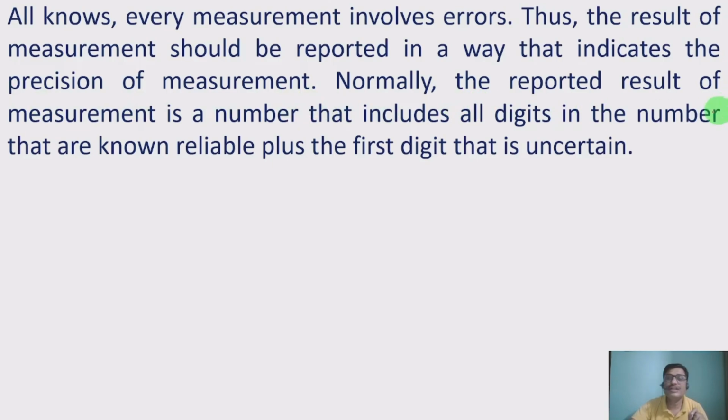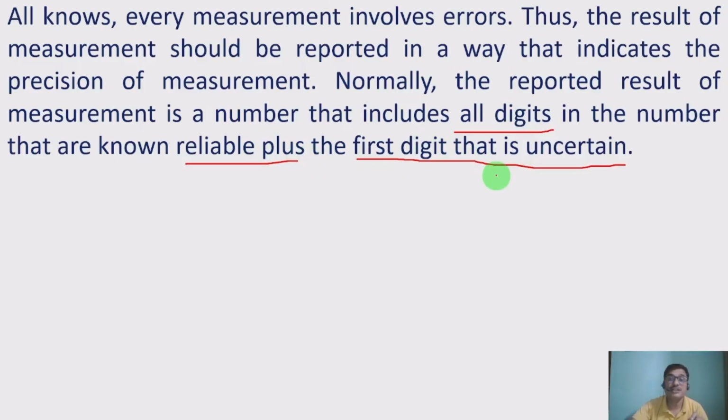Normally, the reported result of a measurement is a number that includes all the digits in the number that are known as reliable, plus the first digit that is uncertain.